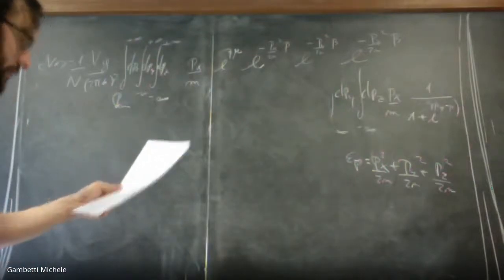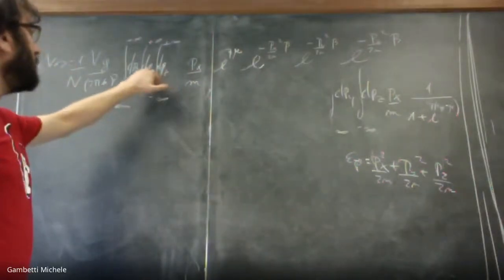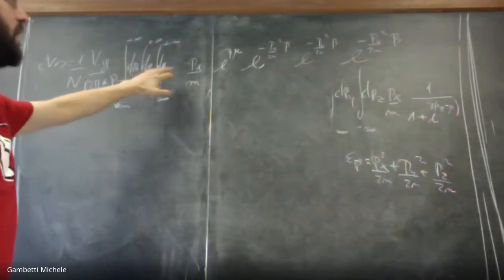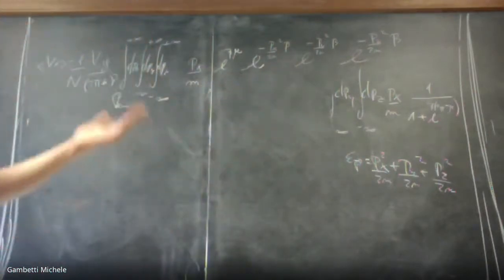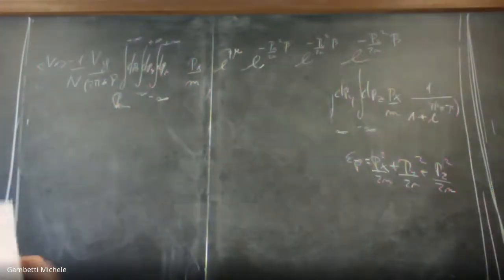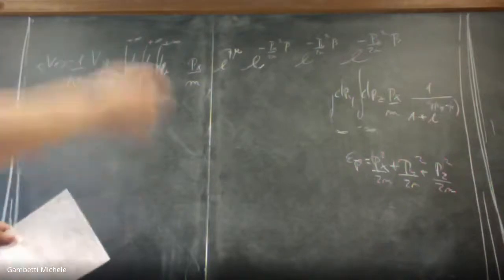Okay, so now these integrals in pz and py can be done as usual as Gaussian integrals, and they will provide basically a factor of lambda, of thermal wavelengths, inverse thermal wavelengths.